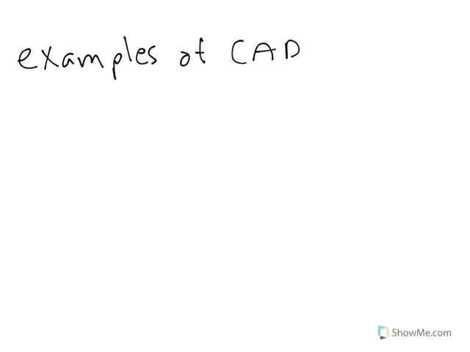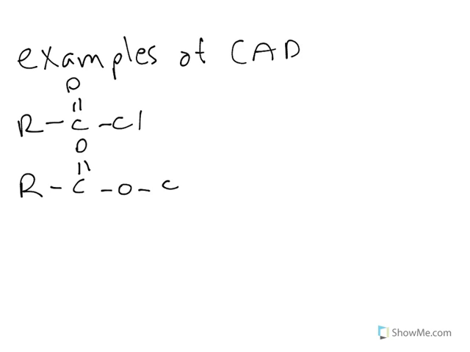So what we're going to do is we're going to look at examples of CADs that we're going to discuss in this course. One that we just saw was the acyl chloride. There is also the anhydride, which looks really weird, but it is also a CAD, and we'll look at reactions of those. So this is, of course, the acyl chloride.